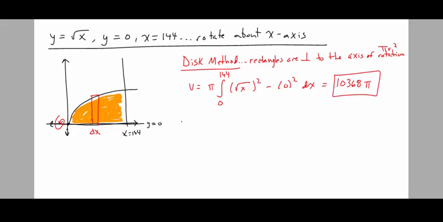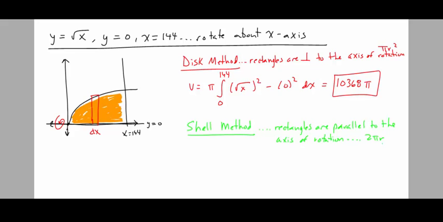Now let's look at the shell method as well. For the shell method, remember that my rectangles are parallel to the axis of rotation, and we're looking at circumference here, so we want to think 2 pi r.